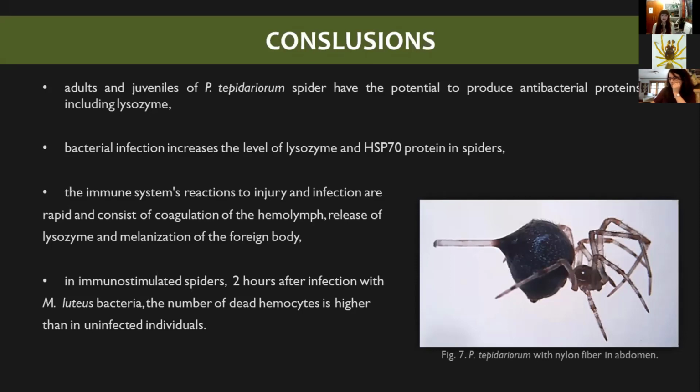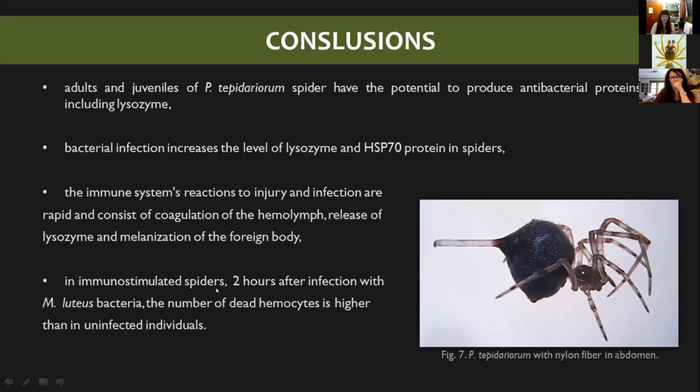And we also know that immune system reactions to injury and infections are very rapid, and coagulation and melanization of the hemolymph were really quick, and we can see that in the photo that I just made.